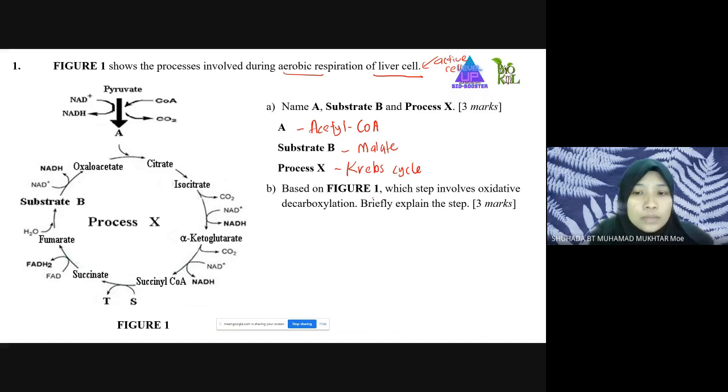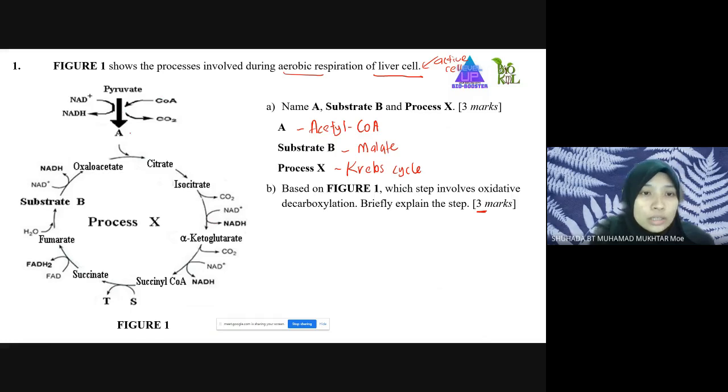Next. Based on figure 1, which steps involve oxidative decarboxylation? Briefly explain the steps. First awak tengok ada 3 markah kat sini. Kalau awak perasan, dia start dengan link reaction, and then we have 3 steps here that involve oxidative decarboxylation.